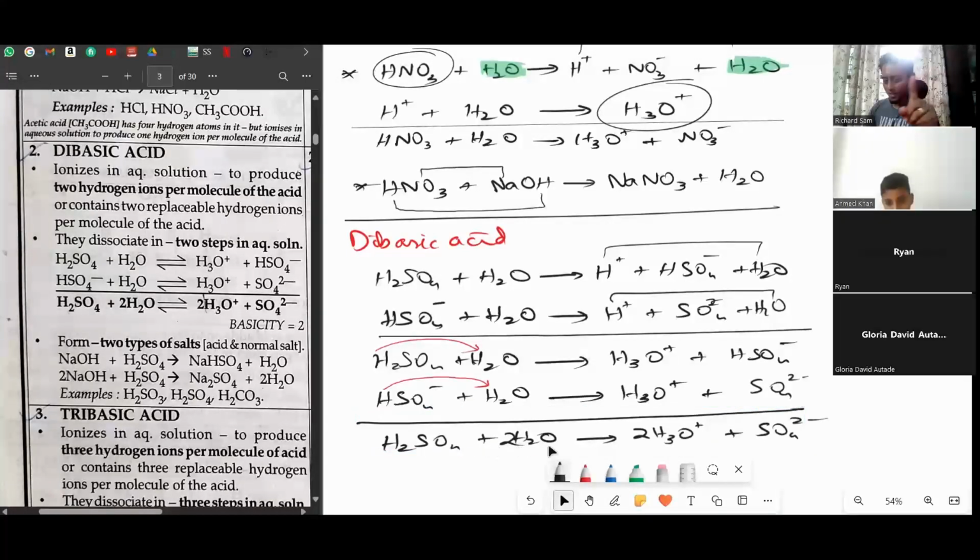Even though we have written it as one reaction, does it happen in one step? No, it's happening in two steps. These are the two steps, but we are just writing them as one step. In reality, it happens in two steps. So how can you control how many steps it should happen in? Like, what if you only want the first step to take place? Okay, it's based on the temperature you give.